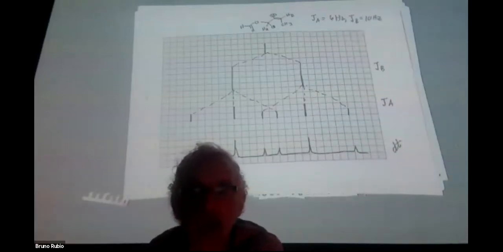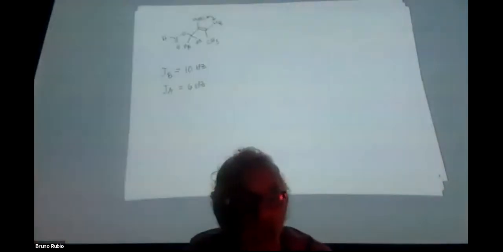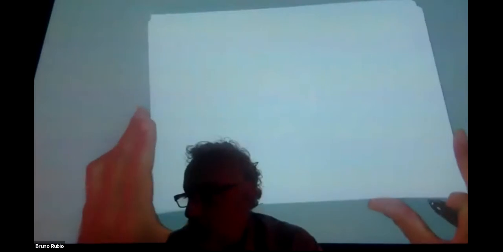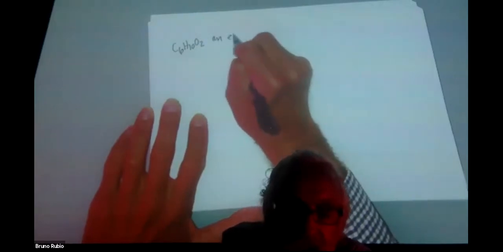Let's do a structure determination problem that involves complex splitting. C6H10O2, and we're told it's an ester.